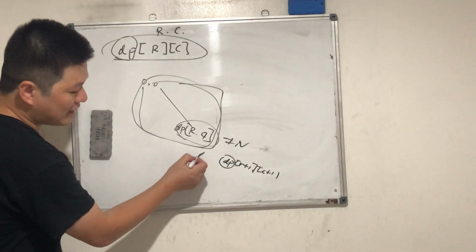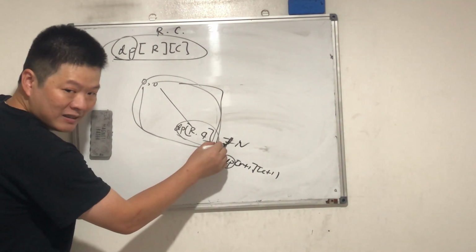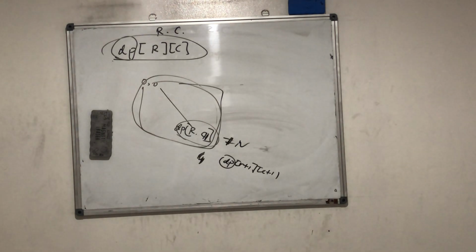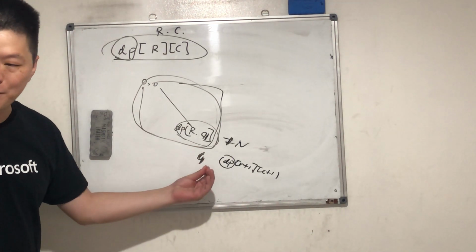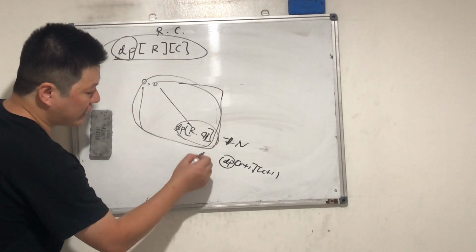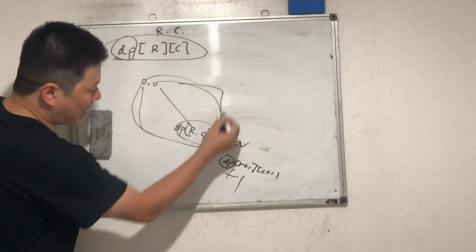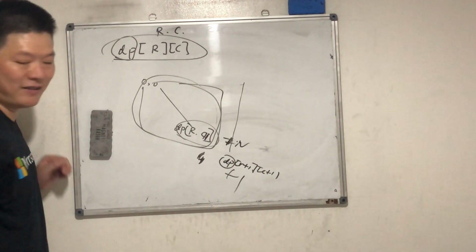If this is 1, this is 1, and this is 1, so what can I get? The answer of DP[R+1][C+1] is the minimum of all these, and then plus 1, right? Yeah, because I can just extend it by 1, because it's all 1, right? Got it?